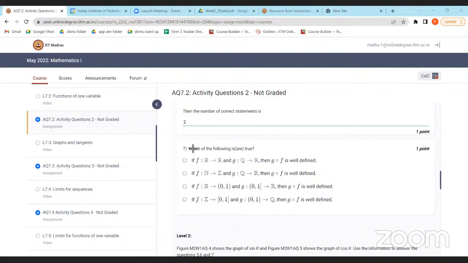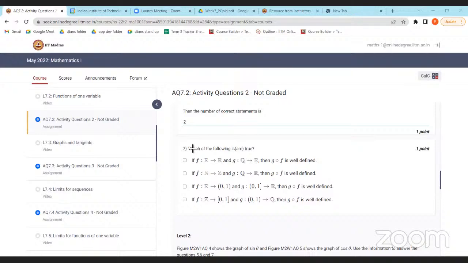Then we have to find out the range of this particular f, because this range will be the input for this particular g, right? Then we have to find out the domain of this particular g. And now there are two cases. Case one: if the range of f is a subset of the domain of g, right?